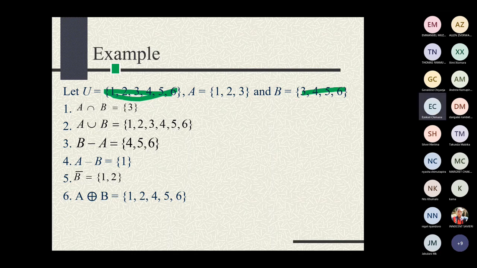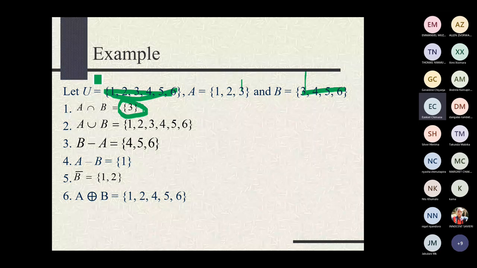Elements in A as well as in B. It's only 3, right? It's only this 3. Which means A intersecting B is 3. Note that A intersecting B is also a set. So you write the elements inside the curly braces.